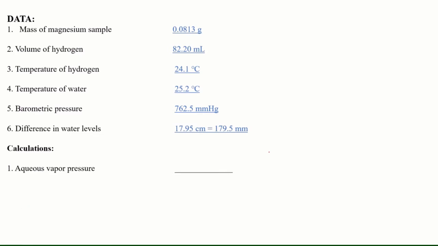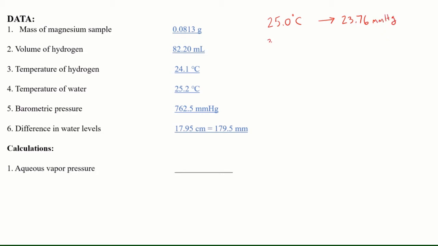If we record what we see in the data table, at 25 degrees Celsius, the vapor pressure is 23.76 millimeters of mercury.